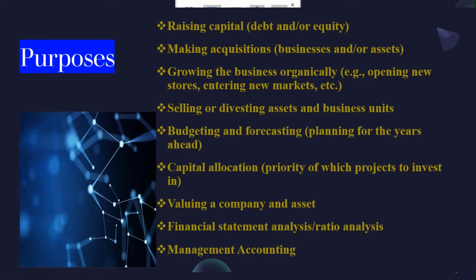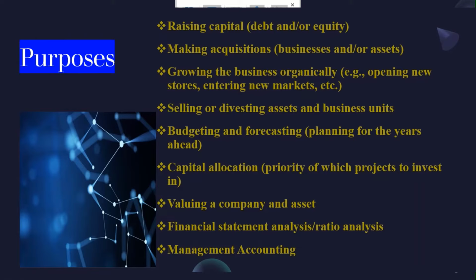The other important purpose of using a financial model is to sell out our assets or to go for a divestment decision. That may be divesting assets or business units. We need a financial model. Also for budgeting and forecasting, like planning for 5 years, 10 years, a financial model gives us a roadmap for what we are going to do in the years ahead.